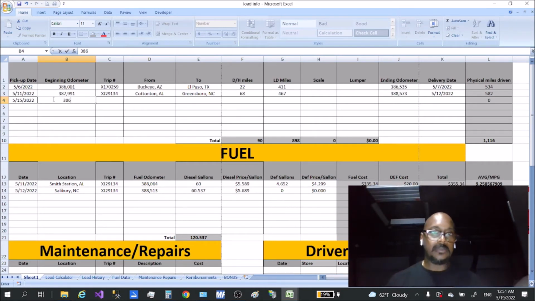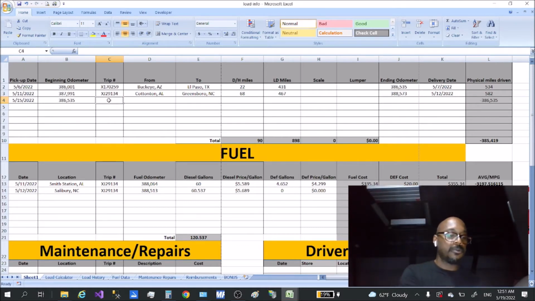Okay, so we got 386535. All right, trip number. Just a different trip number this time because it's a different load. 23295.